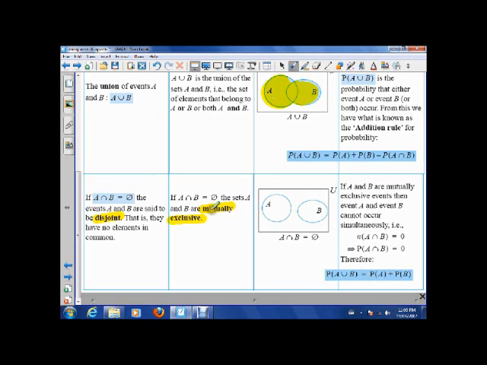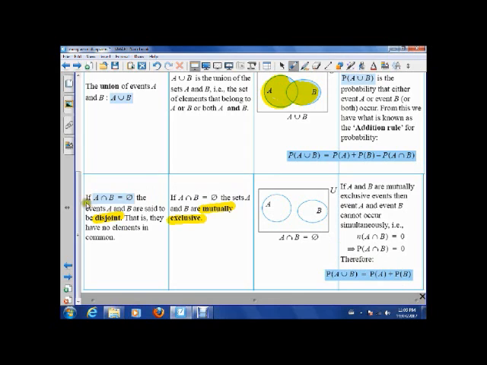Disjoint and mutually exclusive mean the same thing, and it means that they have no intersection. Also, if you look back at this formula, A union B is A plus B minus the intersection. Well, the intersection is empty, so if two sets are mutually exclusive or disjoint, the union is just A plus B.